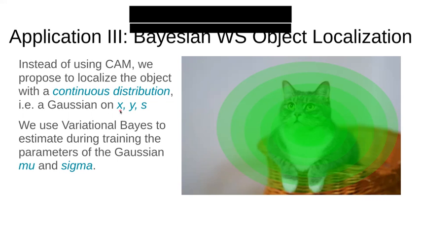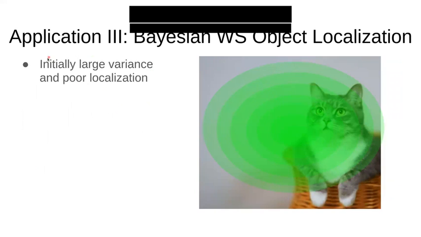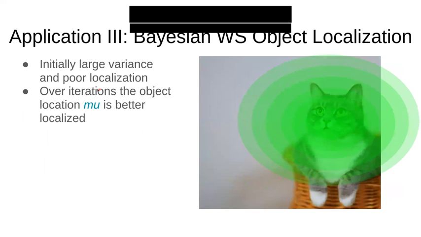So in practice, what we want to achieve is, at the beginning of the training, we have the initialization of the location of the object, and we initialize with the Gaussian centered in the middle of the image and with large variance. But then during training, we get more information about the location of the object.